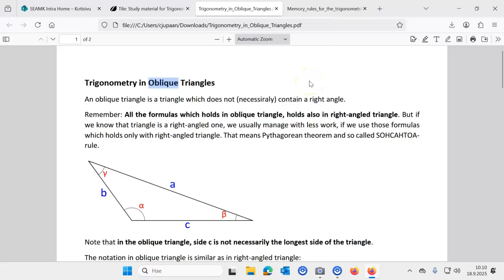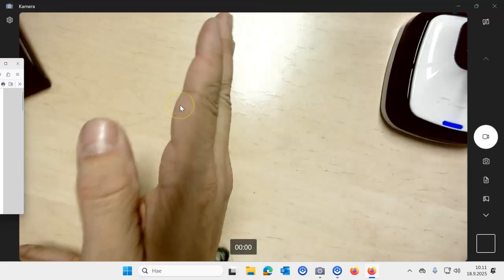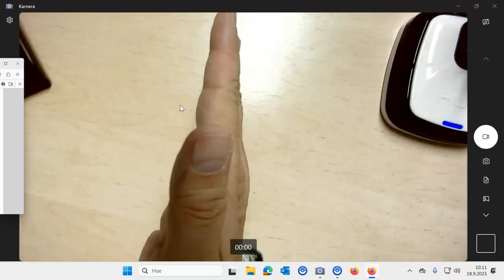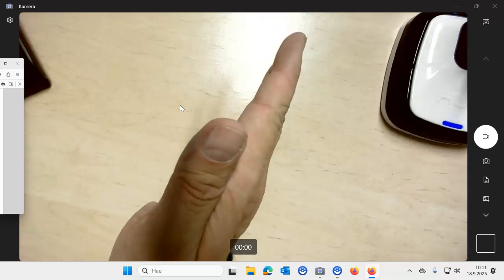In Finnish we call those vinokulmaiset kolmiot. Vino is not right like this, not in the vertical position, but somehow like this.